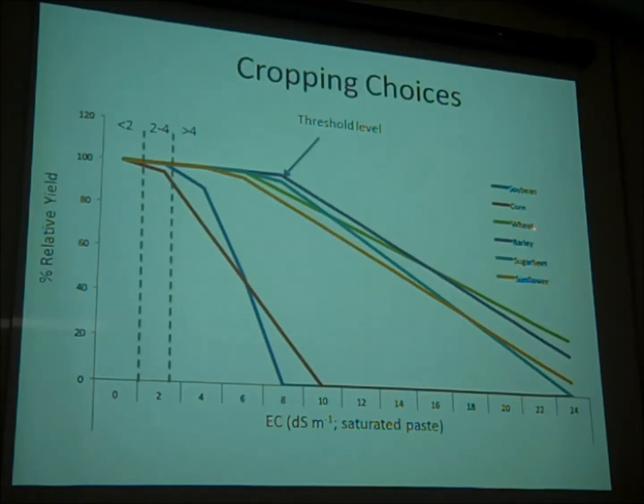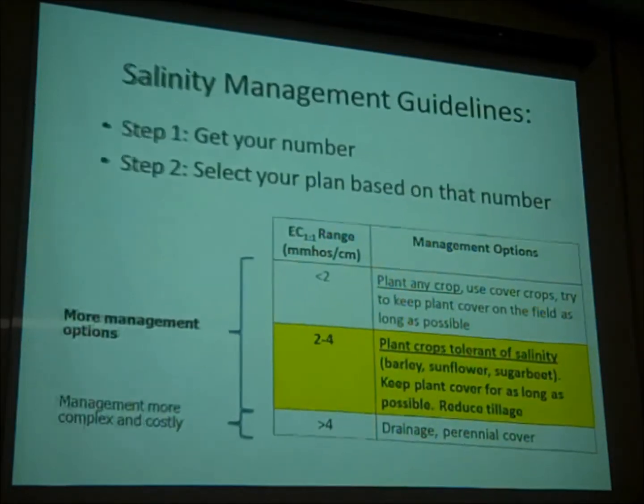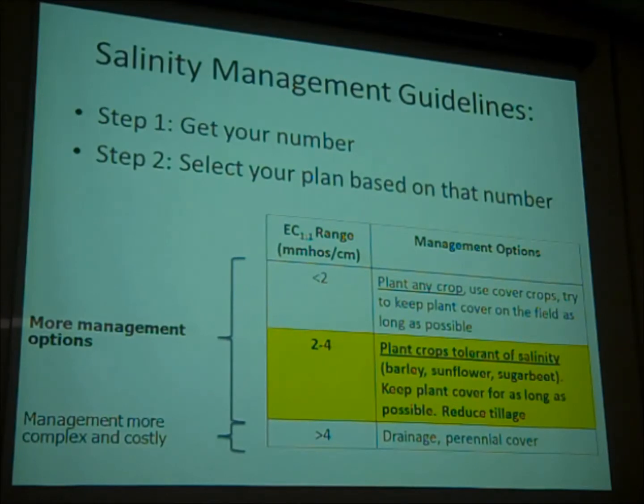The one crop that maybe revision would be needed would be the wheat. Wheat seems to be hanging with this tolerant group, and I'm not quite sure it's not as good. It's maybe somewhere in between. So just a quick look at some of the work we're doing, and again, remind you, soil test.